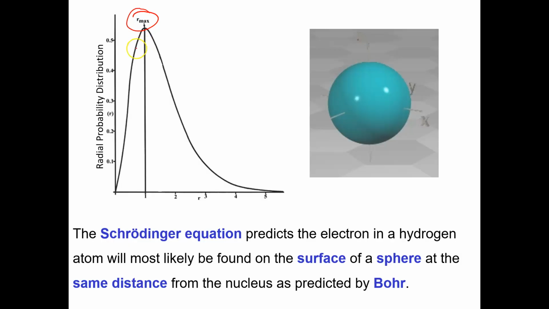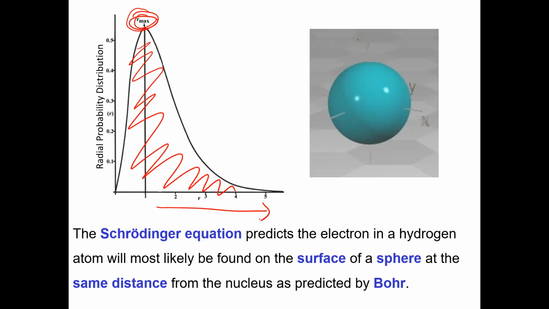But according to the Schrödinger model, it spends most of its time at the distance predicted by Bohr, but sometimes it's a lot further away from the nucleus than that distance, and sometimes it's a lot closer to the nucleus than that distance.